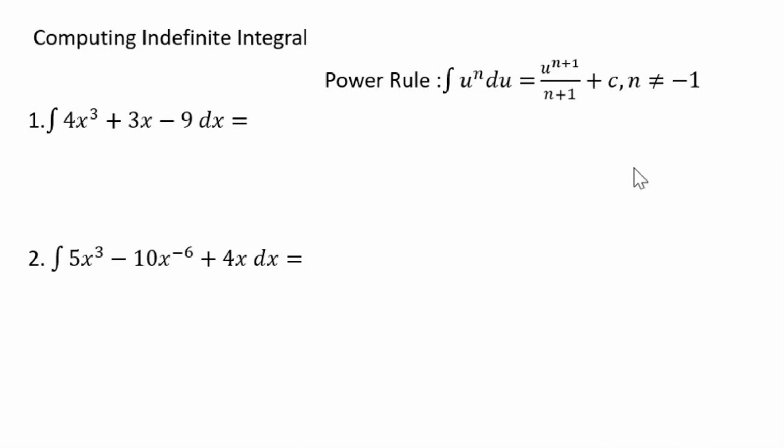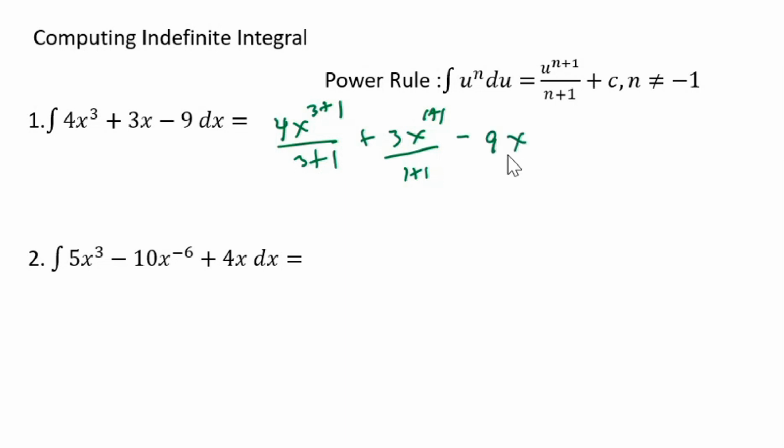Applying the power rule, the integral of 4x cubed plus 3x minus 9 dx is equal to 4x, with the power 3 plus 1, all over 3 plus 1, plus 3x, with 1 plus 1 over 1 plus 1, minus 9x, plus a constant.